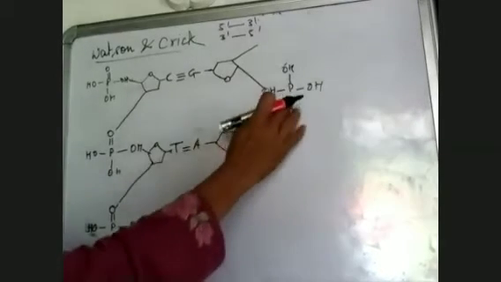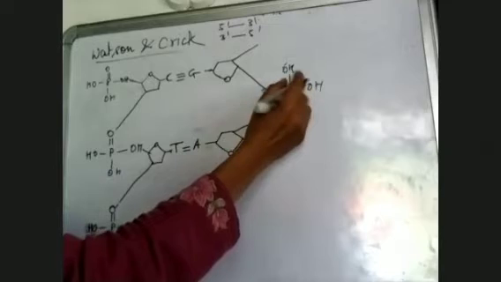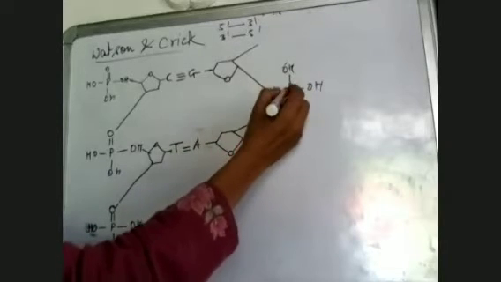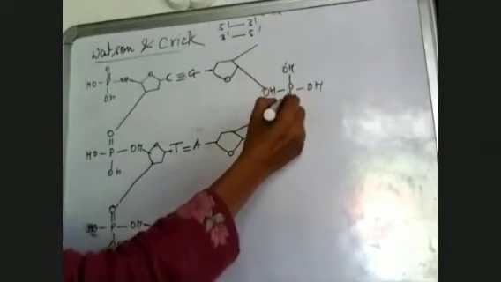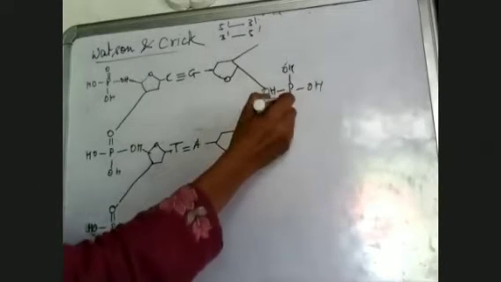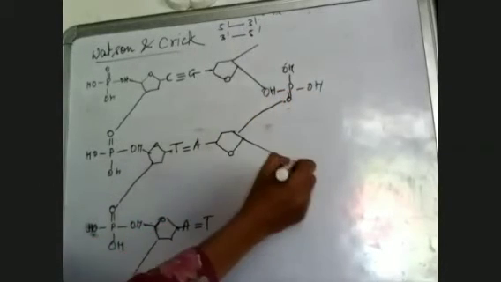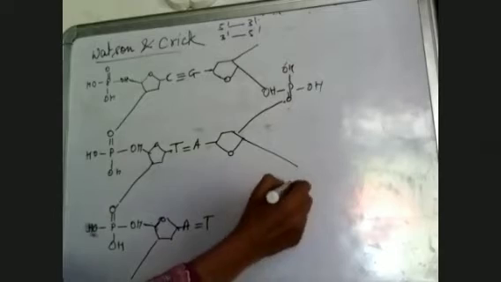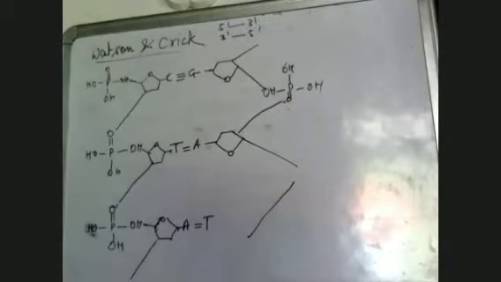It has to be a little down because the shape is not coming out well. It has to be a little up. So I'm making it like this. Then again here, again the connection the same way. So 3 prime, 3 prime, it will come like this. So what do we have? We have anti-parallel DNA. This is what was given by Watson and Crick.